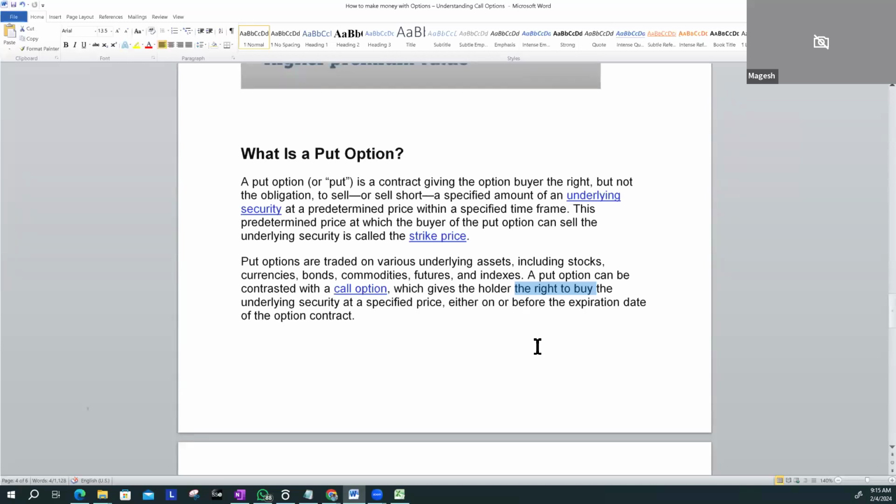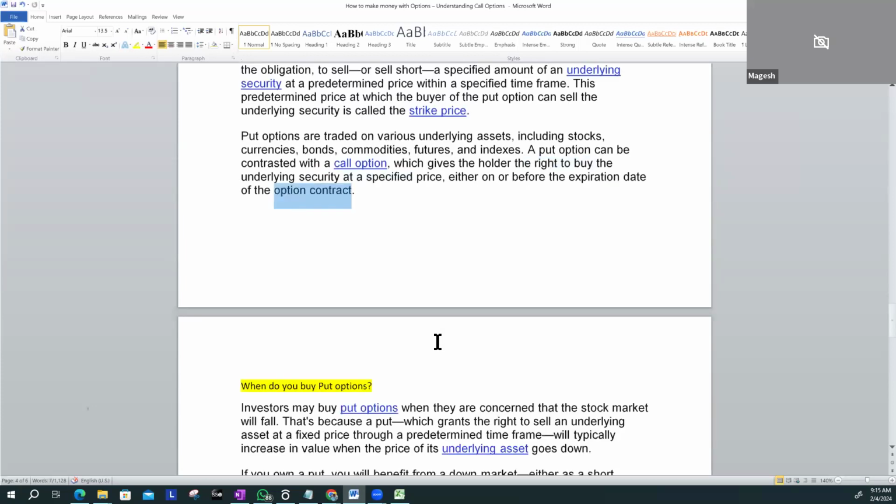If it goes to say 200 or 210, then you can ask for delivery of the stock at 190. The other person has to deliver it. It is the right to buy the underlying security at a specified price, either on or before the expiration date of the option contract. So that is a call option.